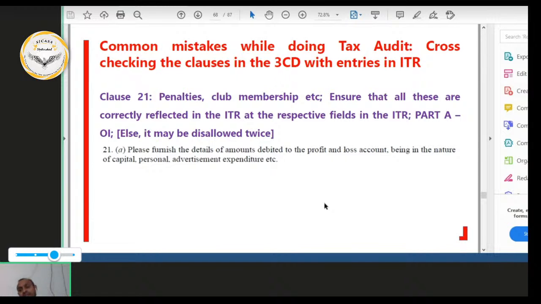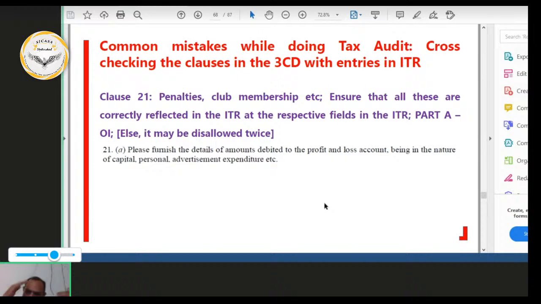So it amounts to double disallowance. I am right now dealing with one particular case, happened like that, before the CIT appeals in Hyderabad. It is now transferred to the National E-Assessment Center. So it may be allowed in the appeal, but why do you want to take that much risk? So ensure that the proper item goes and sits in the proper box.